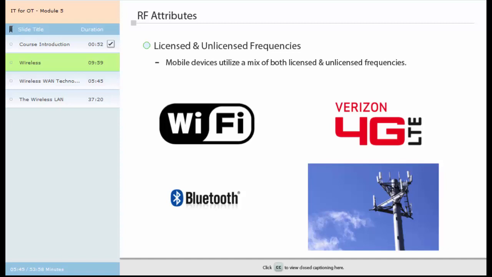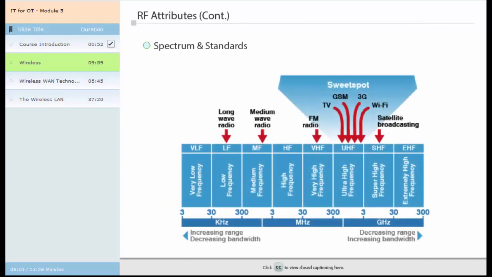The ITU, FCC, and the IEEE have been instrumental in defining standards for the cellular telephone system, also referred to as the mobile network. The FCC and ITU govern the use of satellite and microwave systems. Wireless networks utilize a combination of licensed and unlicensed frequencies.